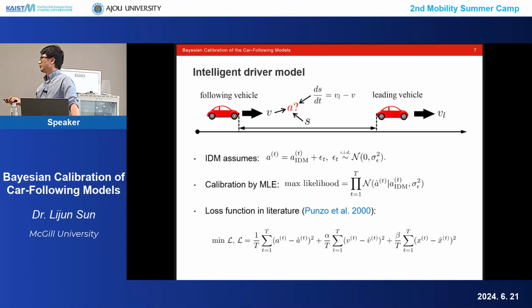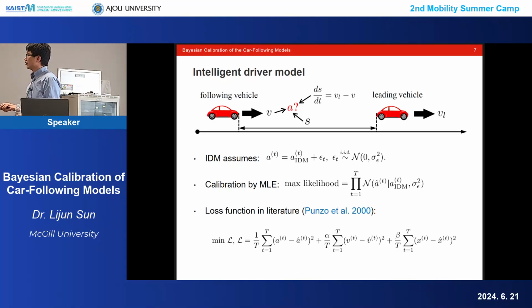Given the trajectory I have, I assume that at each time point I have independent normal observations, with the mean produced by the IDM model and a variance, which is another parameter I will introduce. By applying maximum likelihood, I can get the fitted parameters as a result.